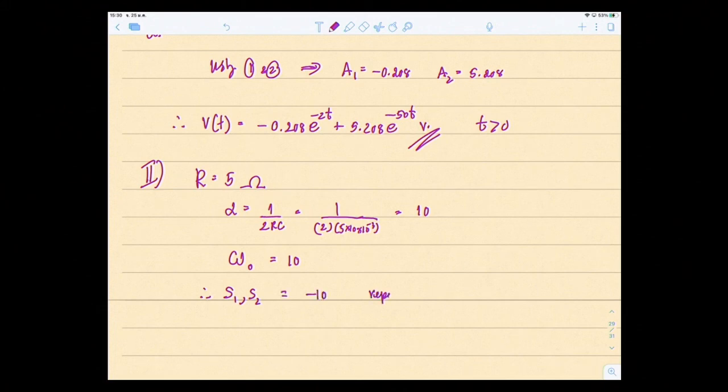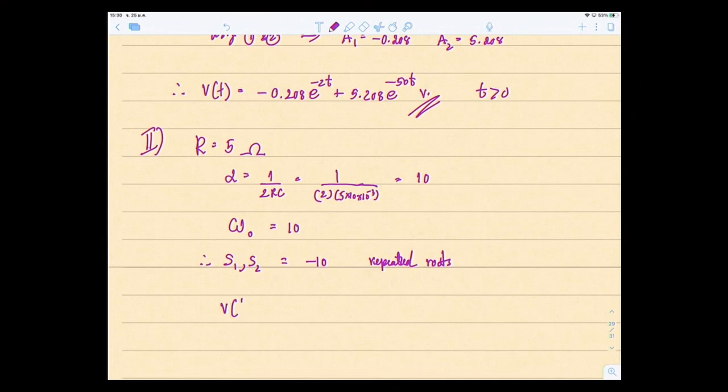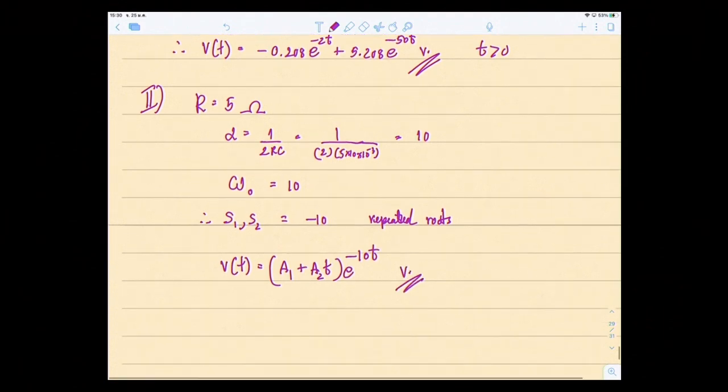So they are repeated roots. Therefore, your general answer would be V of t equal to A1 plus A2 t, times e to the minus 10t volts.